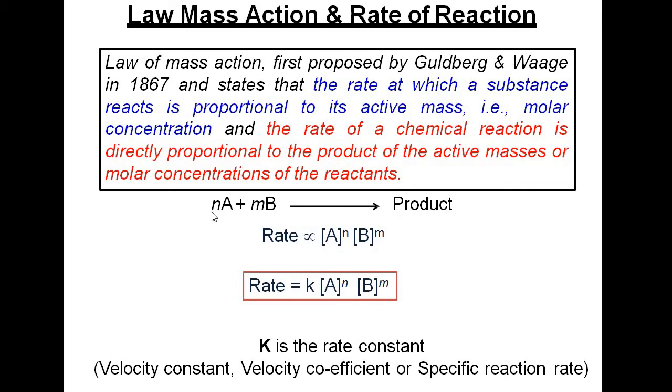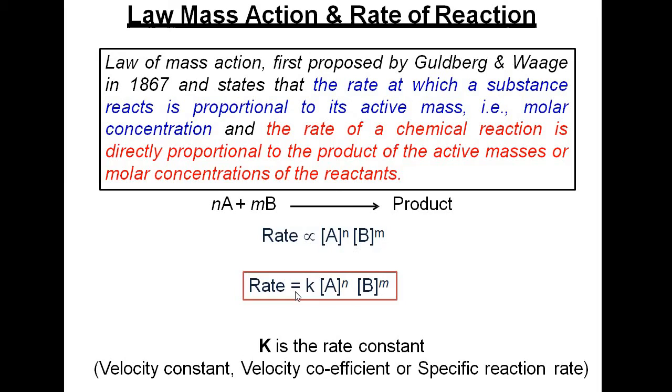Let's suppose a reaction nA plus mB gives product. Then rate is directly proportional to concentration of A raised to power n, concentration of B raised to power m.